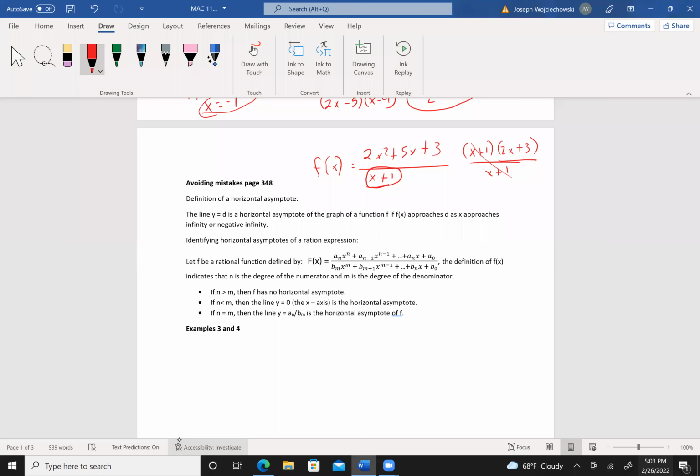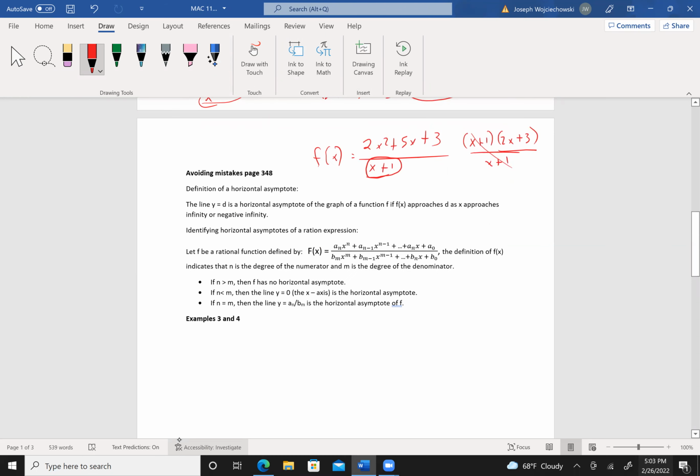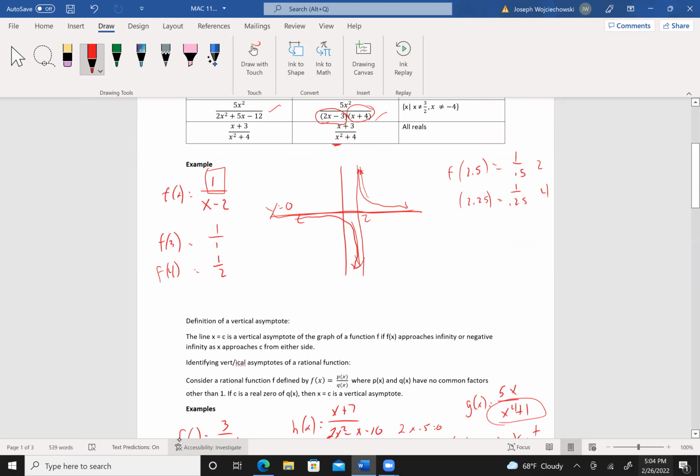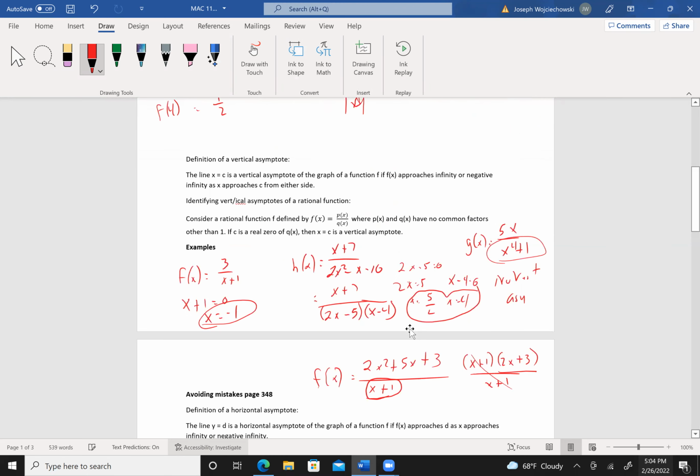Okay, looking at a horizontal asymptote. The line y equals d is a horizontal asymptote of the graph of a function f if f of x approaches d as x approaches infinity or negative infinity. So it was like our 0 here, y equals 0.